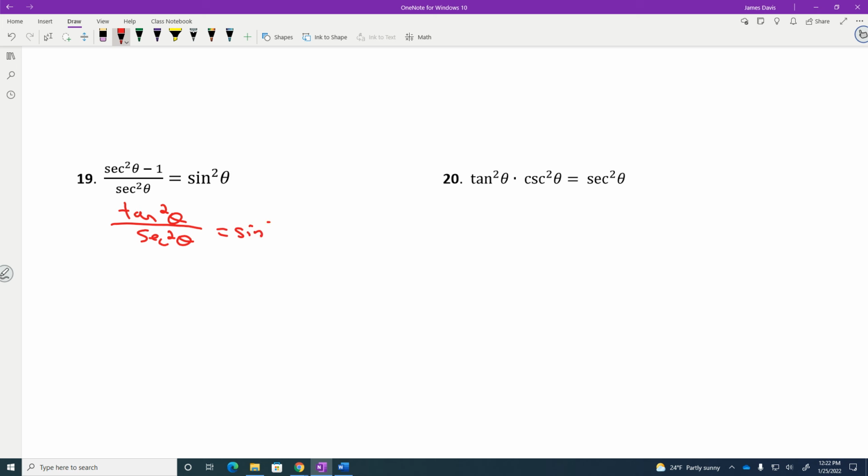We want to end up being equal to sine. If our final answer is going to have a sine in it, we should probably change these to sines and cosines. Tan is the same thing as sine over cosine, which means tan squared is equivalent to sine squared over cosine squared. Secant is 1 over cosine, so 1 over cosine squared.